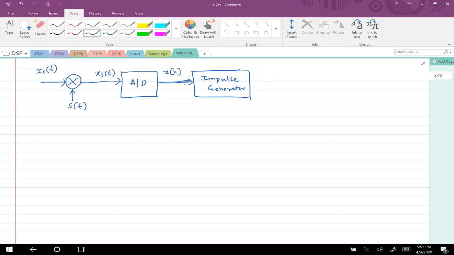If you give it an impulse generator, or rather let me put it as digital to analog for simplicity, assume that this digital to analog would give you xs of t again, and then you have a block with impulse response hr of t.